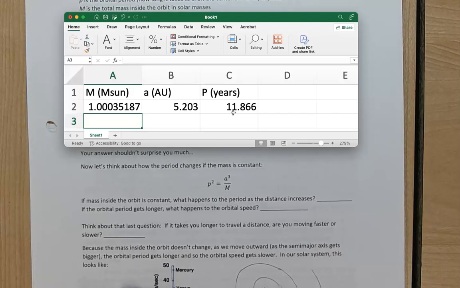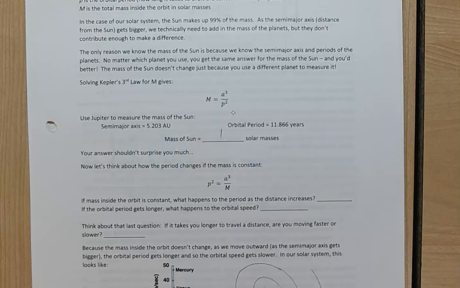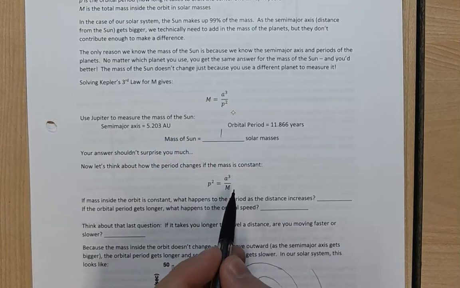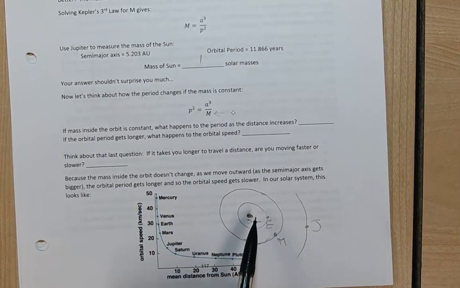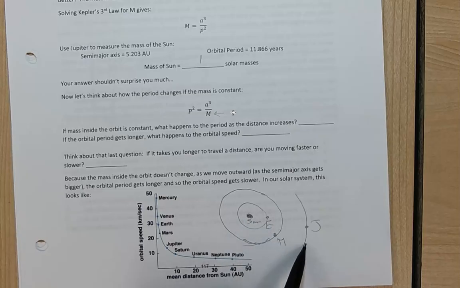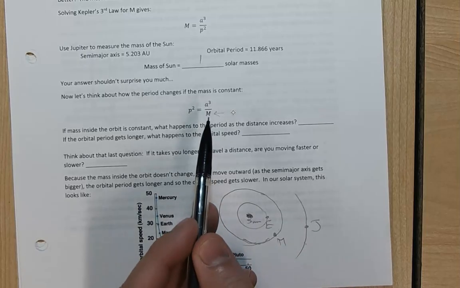But of course we can rearrange the algebra like this to say, all right, what if the mass doesn't change? Like, say, in our solar system. If the enclosed mass doesn't change, the mass inside of Earth's orbit, inside Mars's orbit, inside Jupiter's orbit, it's just the sun. So as you get further away from the sun, the mass stays the same.